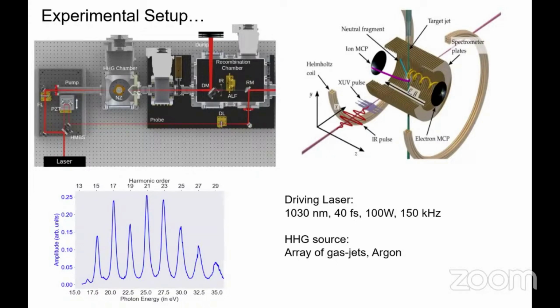So it's a high harmonic source. We create harmonics. On the lower left, you can see a typical spectrum in argon with a very powerful driving laser, 100 watt, 30 femtosecond pulse lengths. And we inject these pulses into a COLTRIMS or reaction microscope and do measurements, electrons and ions in coincidence.